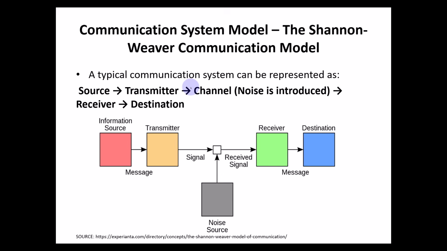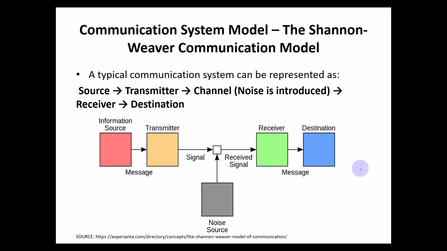With the Shannon-Weaver communication system, they proposed that for every communication system, we have these components. We have a source. We have a transmitter. We have a channel. We have a receiver, and then a destination.